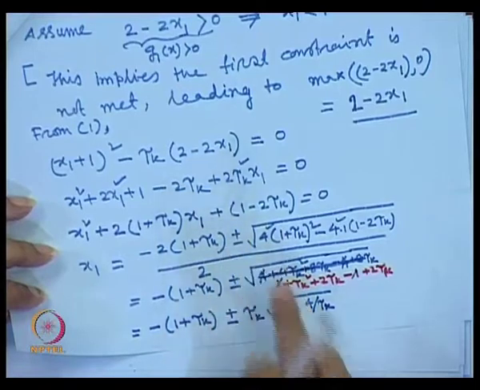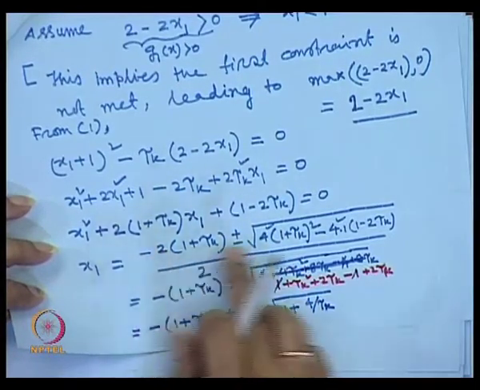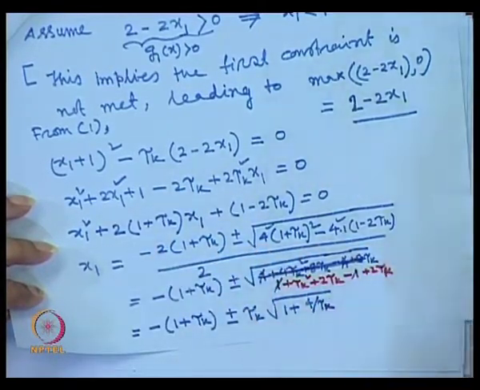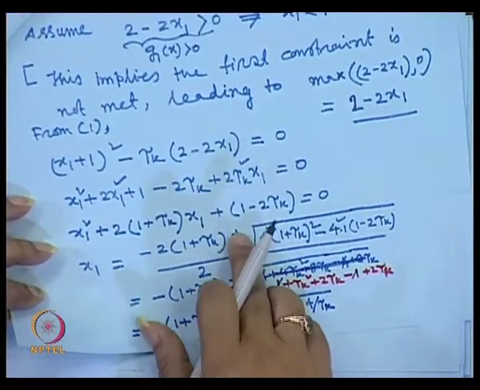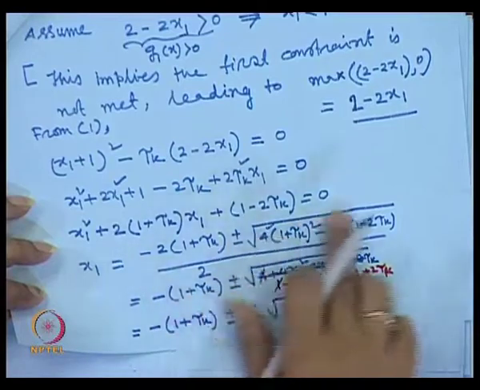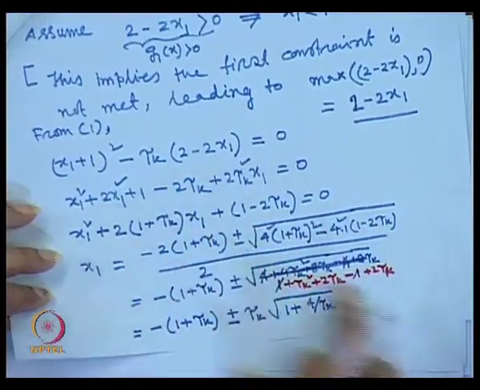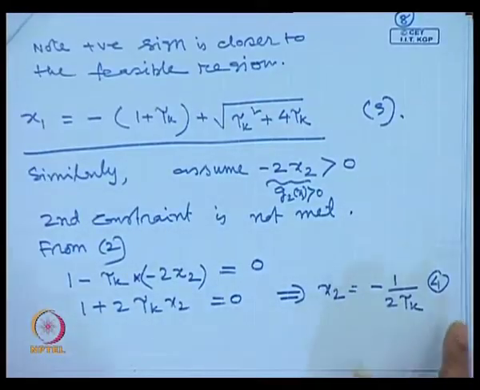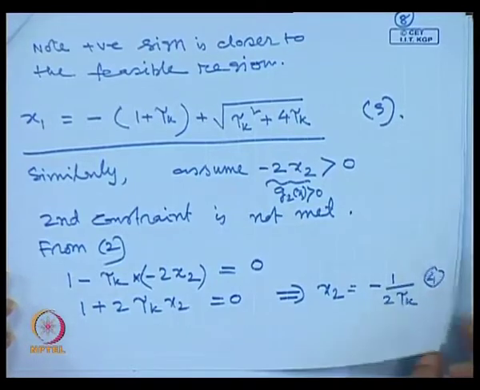Similarly for x2, when you solve it, you have to take the proper sign. Our x1, x2 should be in the infeasible region, is it not?